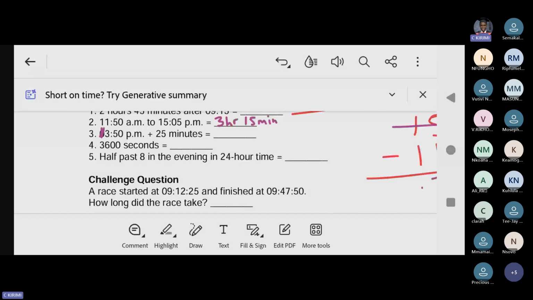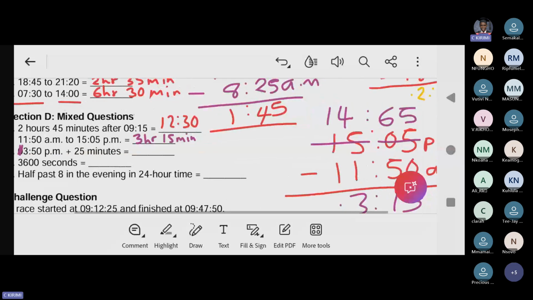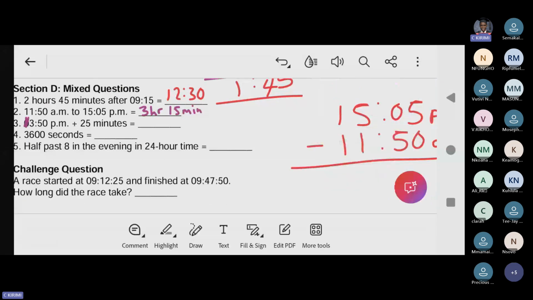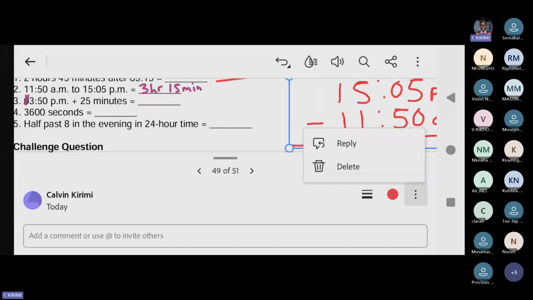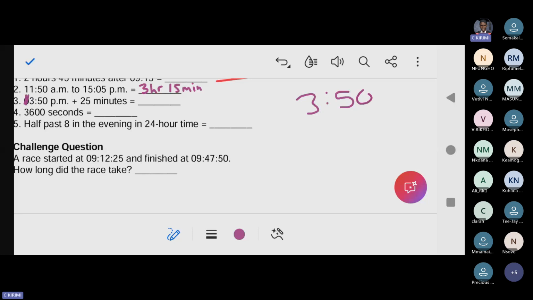Plus 25 minutes, which means we are adding, just like what we did before. So let's add 3:50 plus 25 minutes. So we add, which is going to be 3. It's in the afternoon, 10 minutes to 4 in the afternoon, or 50 minutes past 3 in the afternoon. Still correct.